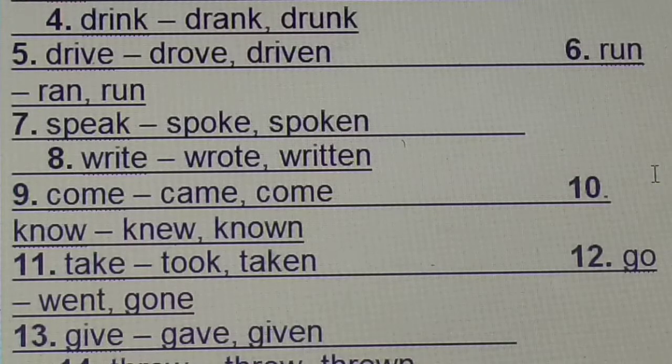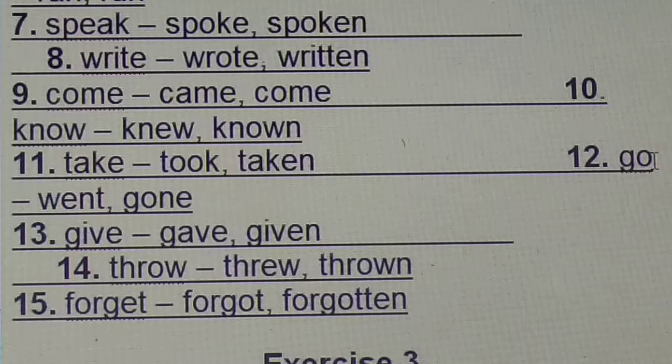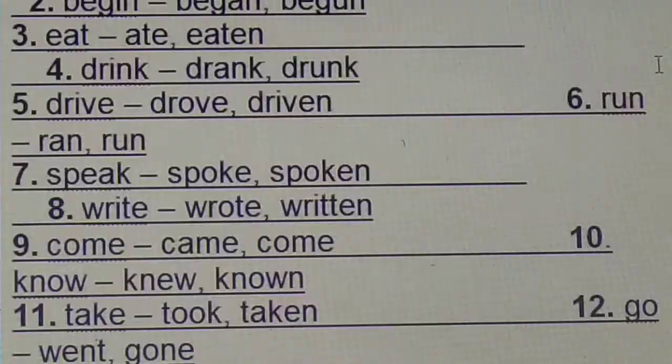Then the 13th one, what's it? Give, gave, given. And what about the 14th one? Throw, threw, thrown. And then the 15th one, that is the last one. Forget, forgot, forgotten.